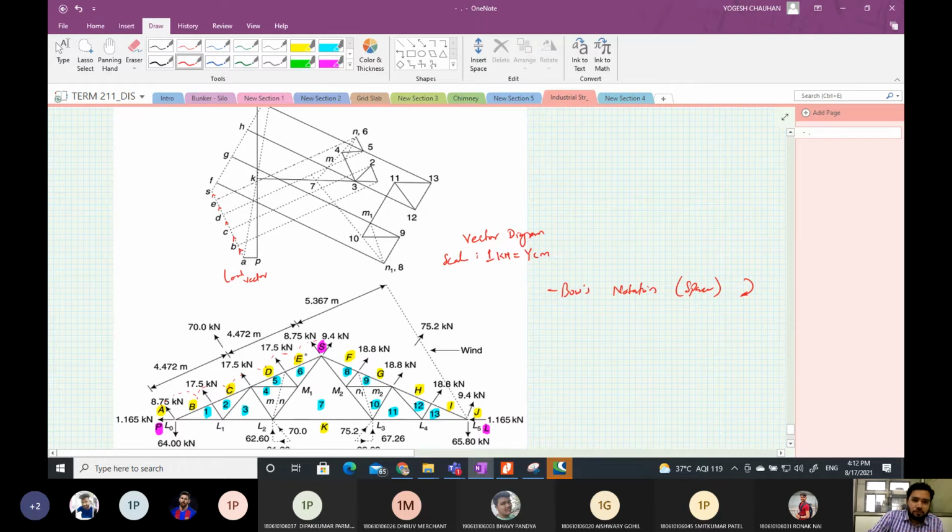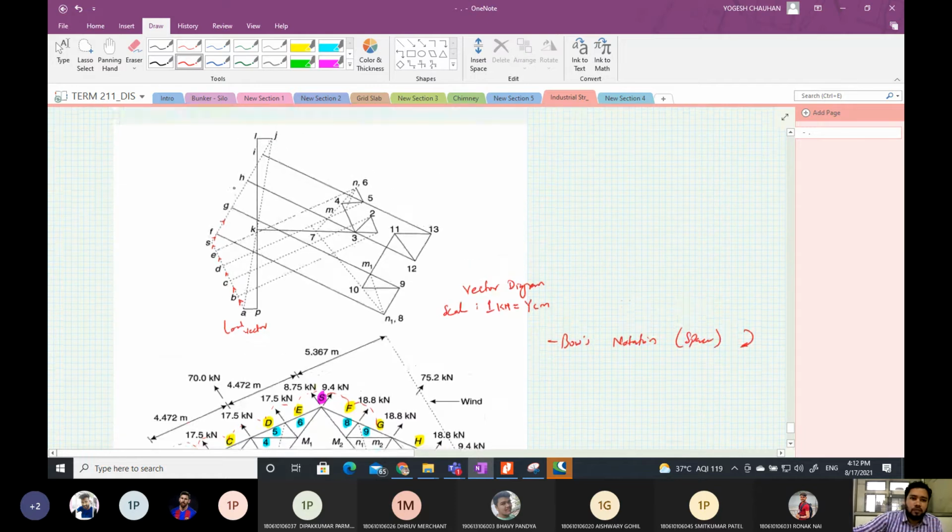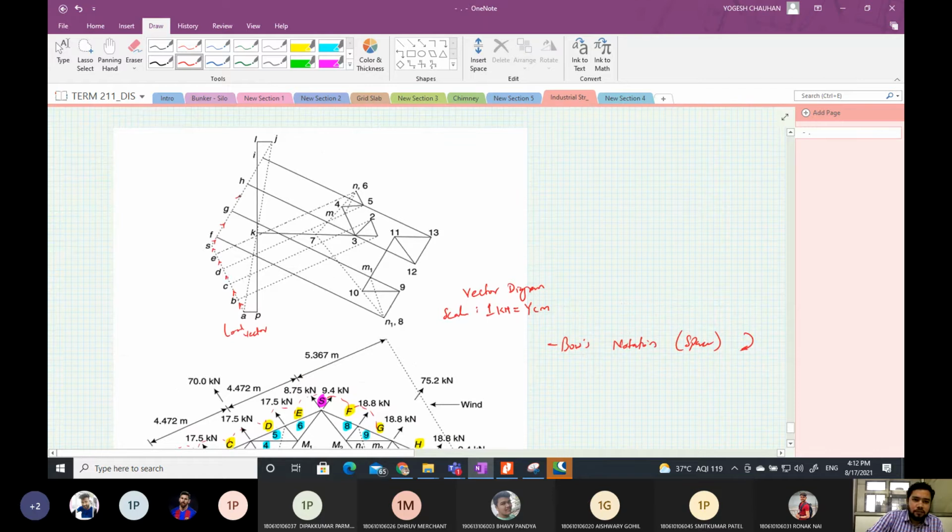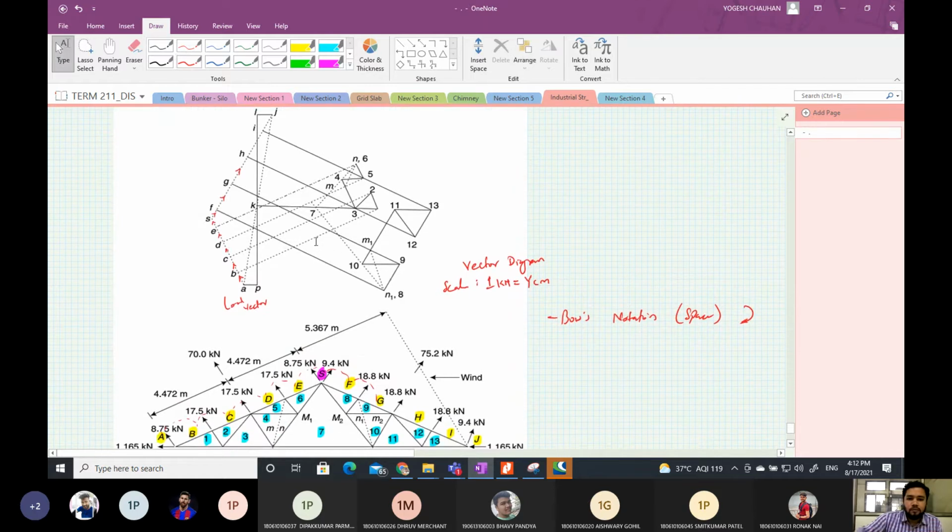So now from S to F it will be 9.4. Then F to G, 18.8. So draw a line 18.8 parallel to this. Then G to H, then H to I again 18.8, then I to J, that is 9.4.